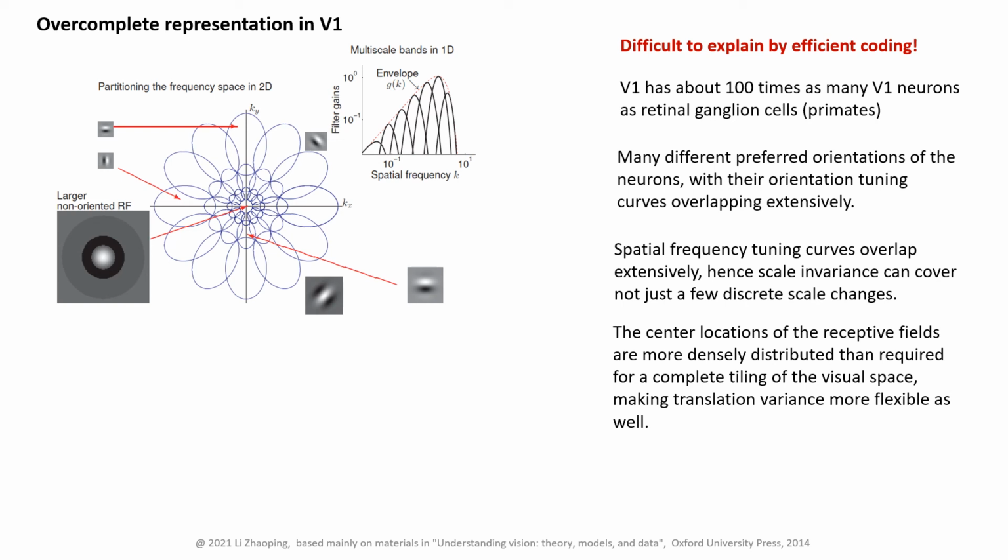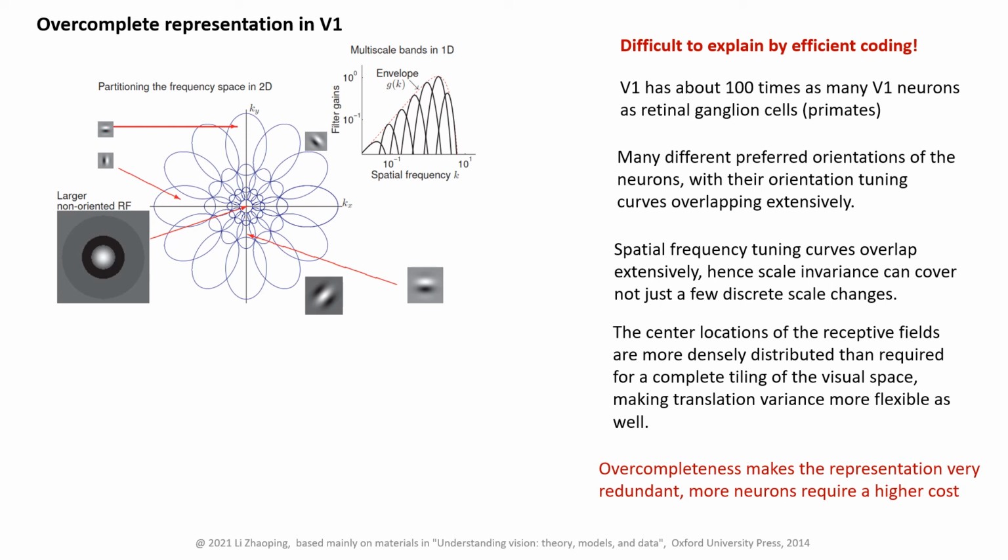That makes the translation invariance and scale invariance much more flexible, because you don't have discrete jumps in spatial locations and discrete jumps in scales to make these translation and scale invariance. However, all this overcompleteness makes the representation very redundant.